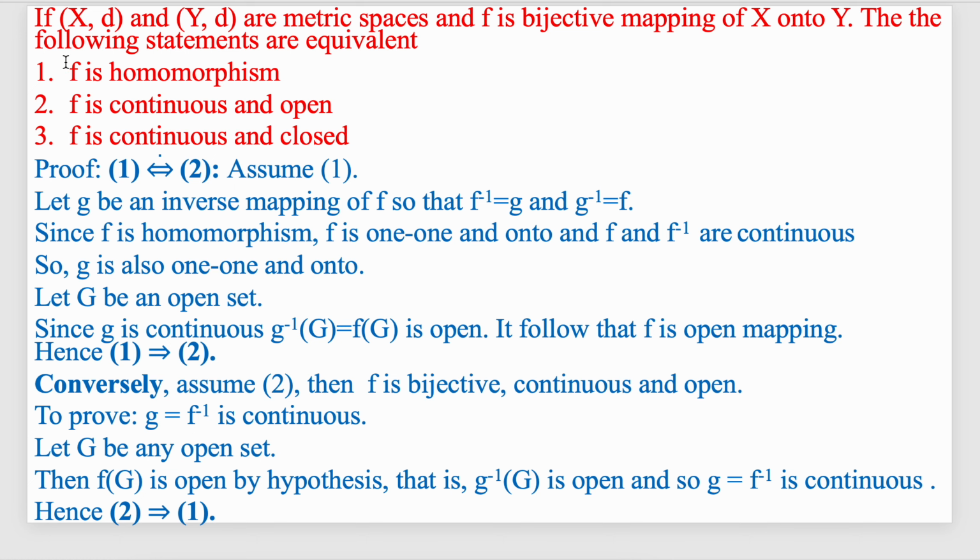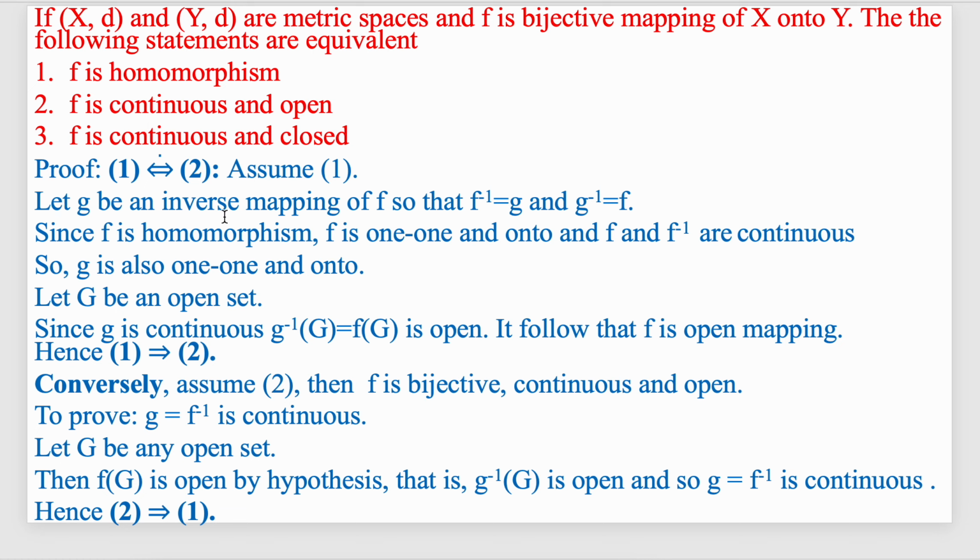First of all, we assume 1 to be true. It means f is a homeomorphism. F is a homeomorphism means it is bijective, and f and f inverse are continuous. So this is already given to us. Now we need to prove that f is open.